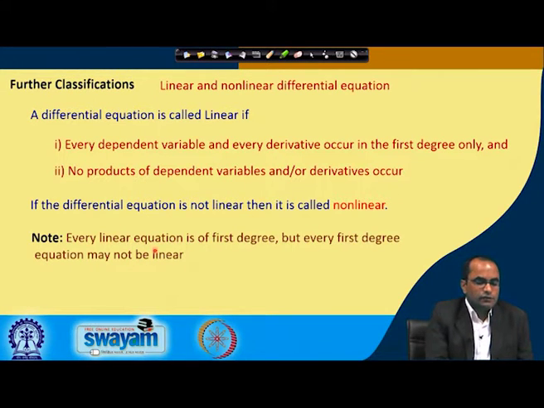So, every linear equation is of first degree, that is clear, because in a linear equation there will be no product or no power. But every first degree equation may not be linear.